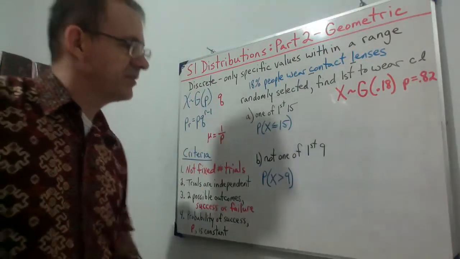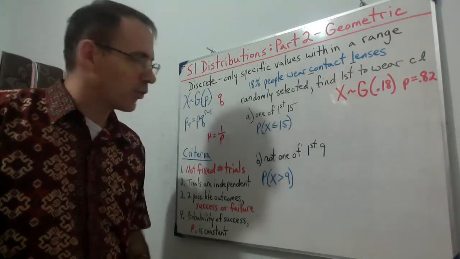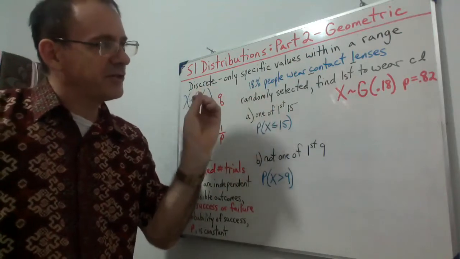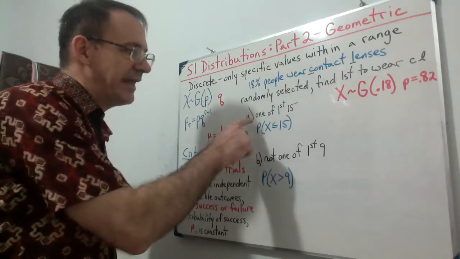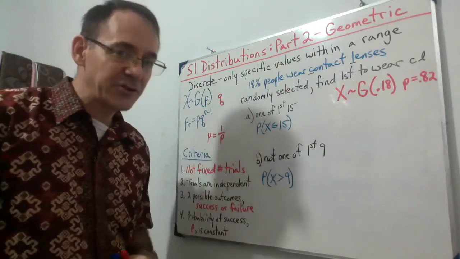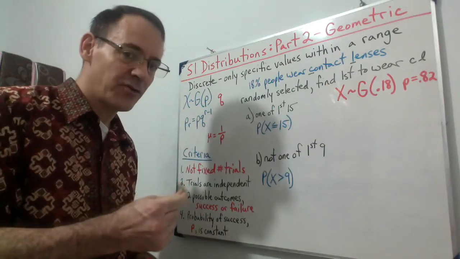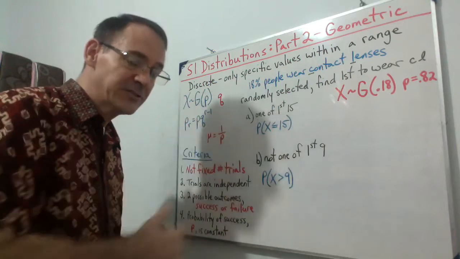Now we get into this little bit of mental concept that we need to work on. And it says, find that your first person to wear contact lenses is any one of the first 15. So it's not asking you for the 15th one or even the first one.